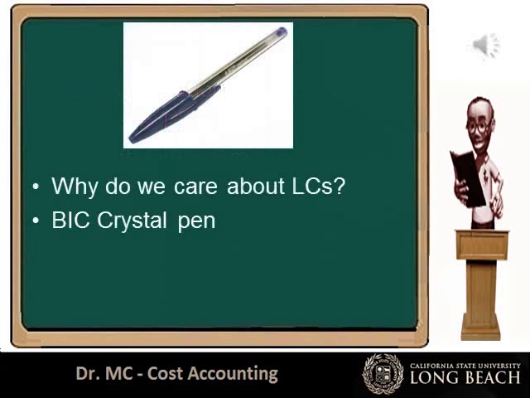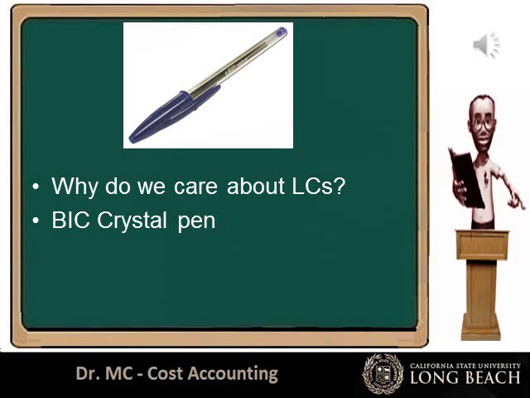Understanding learning curves is important in startup situations. For example, in 1960, no company dominated the ballpoint pen industry. Bic, a French pen company, entered the United States ballpoint pen market by selling its now classic, Bic Crystal ballpoint pen. At the time, common, everyday ballpoint pens cost around 29 cents each.